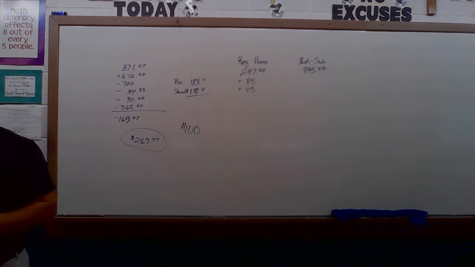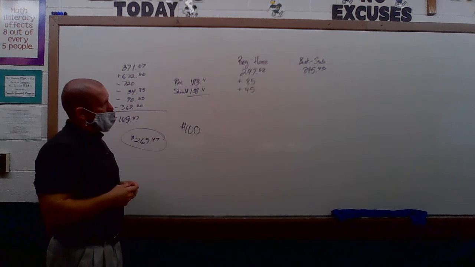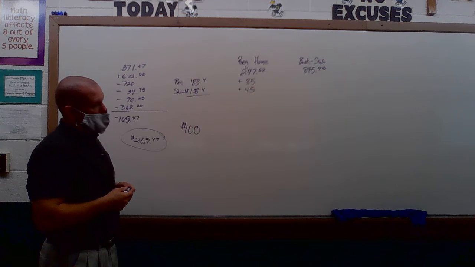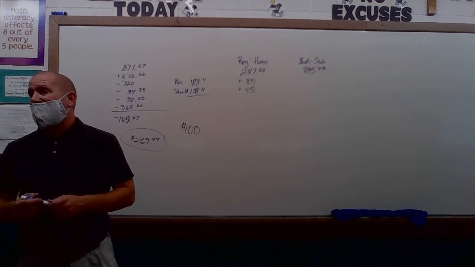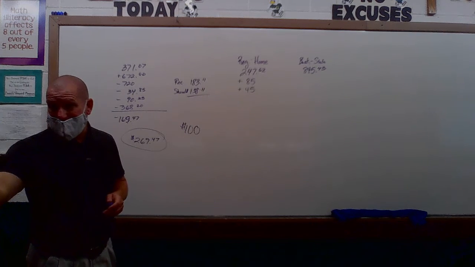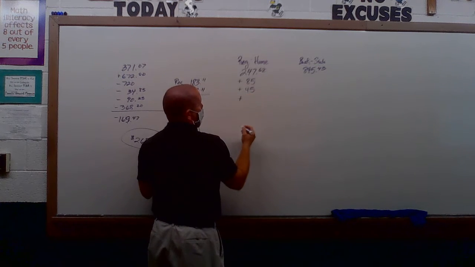Okay, next one. An ATM deposit of $368 and a debit card purchase for $81.10 were not recorded in the register. Okay, so if I had an ATM deposit, I'm adding it to myself. How much was it? $368.